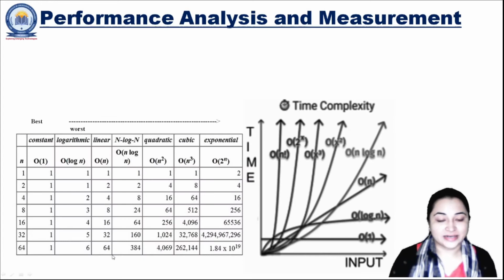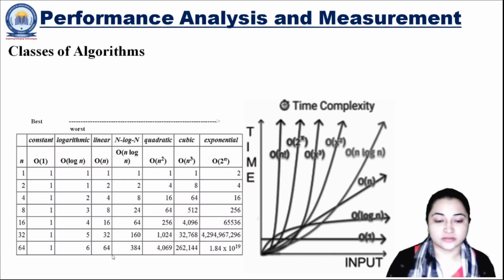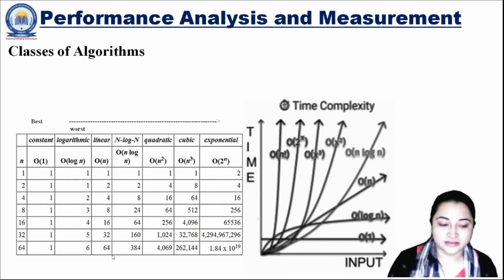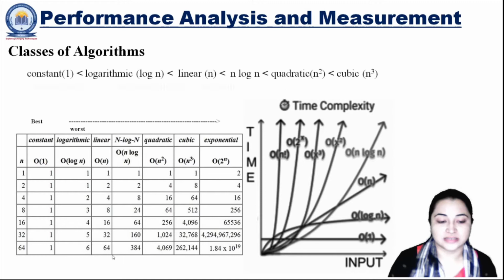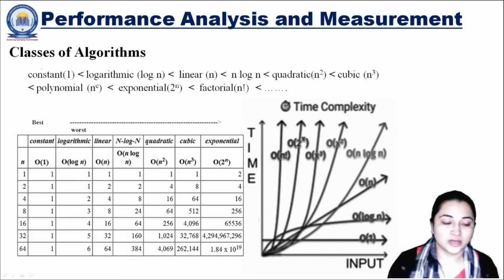Before that, let us see classes of an algorithm, that is, how much time an algorithm can take and which class it falls under. Now let us compare all these classes of algorithms. If any algorithm takes constant time, then that is its least time, or we can say the best time we can get to run any algorithm.